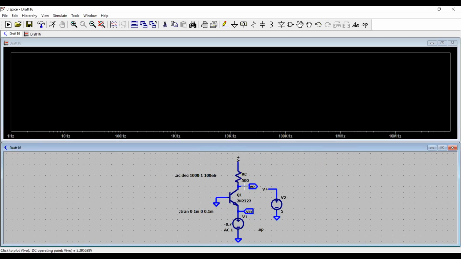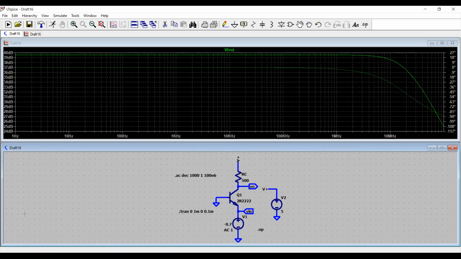I am on the schematic plotting the output, which is going to help me understand the behavior of this circuit. So as you can see, I have this gain about 39 to 40 dB. That is the gain I am getting here for this circuit, right?